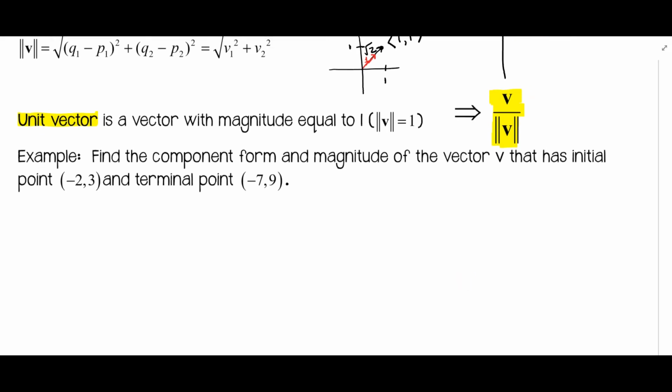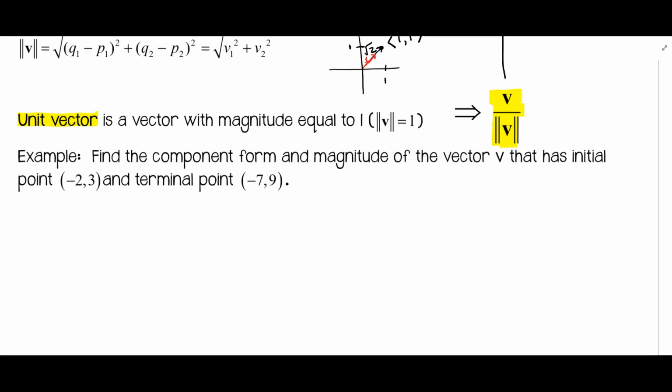The component form and magnitude of the vector v has an initial point of -2, 3 and terminal point -7, 9. So we're going to find the component form, we're going to find the magnitude, and also for a little extra bonus, we're going to find the unit vector.